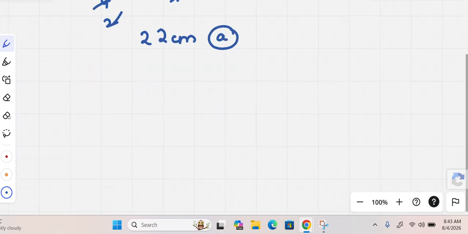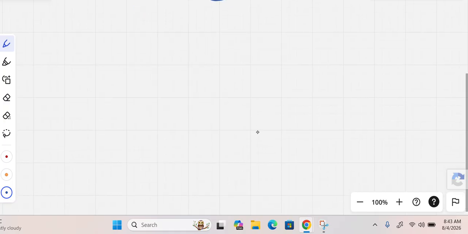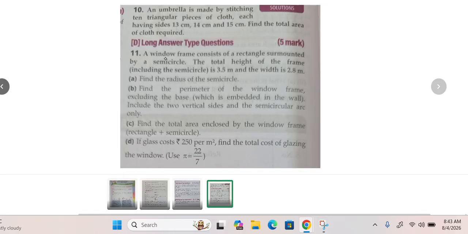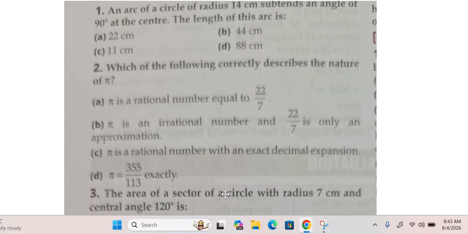Okay. The next question was, what was the next question? Which of the following correctly describes the nature of pi?